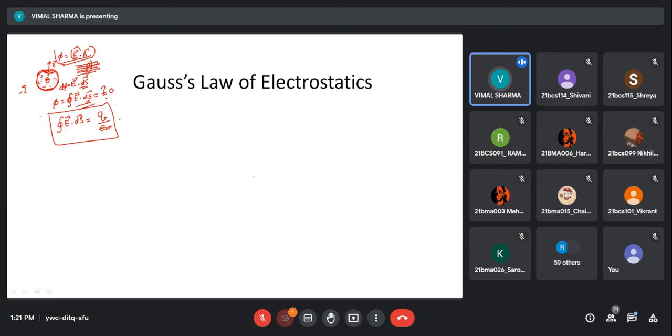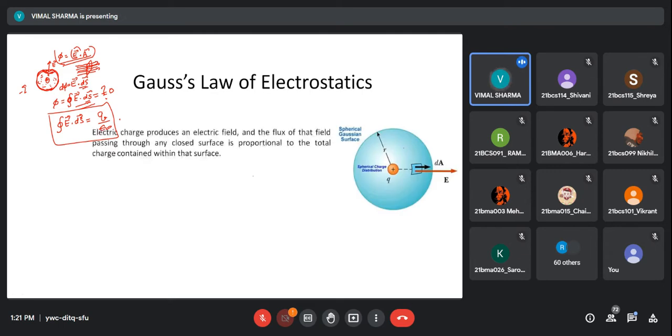So it is Q divided by epsilon naught. I have explained how we find flux. So this is our Gauss law: the flux of the electric field through a closed surface is directly proportional to the total charge contained within that surface.